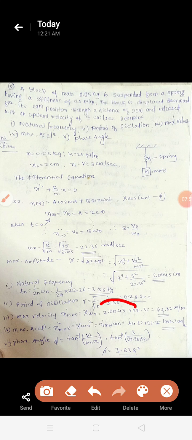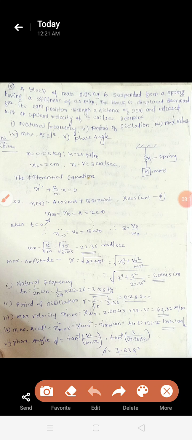Next we calculate the maximum velocity, that is x dot maximum, which is X omega n. X is 2.0045 centimeter from here, and omega n is 22.36. The answer is 44.82 centimeter per second.